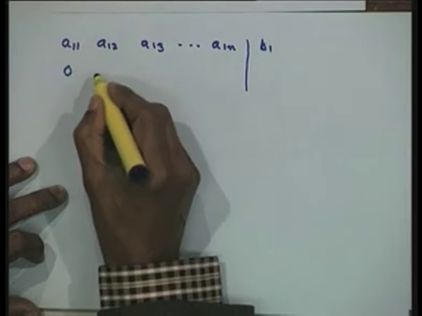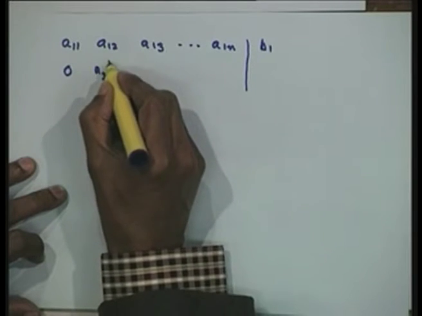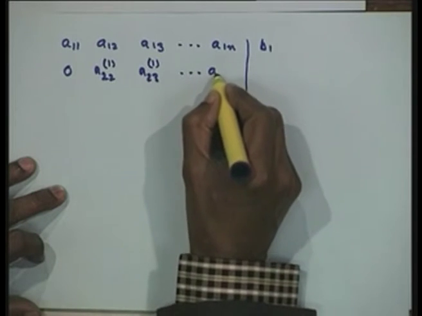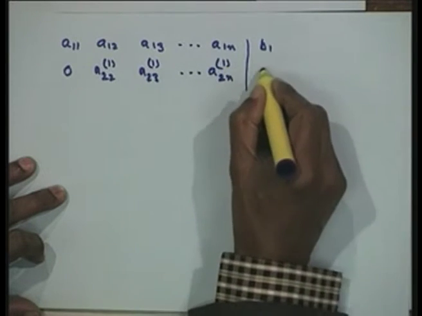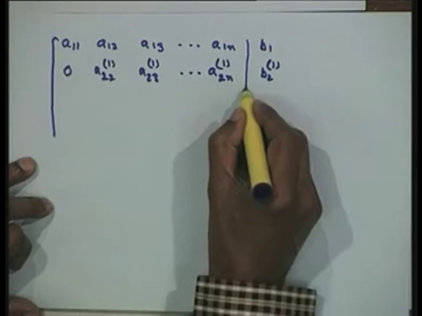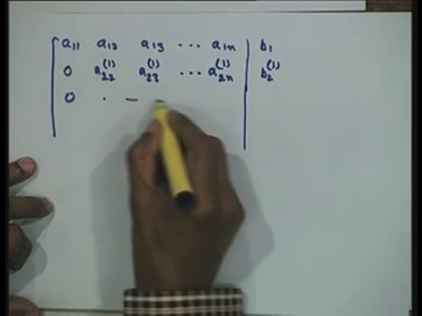So this has become a 0, this has become a22 of 1, this has become a23 of 1, this is a21 of 1, b2 of 1. So I have a 0 here, all these elements.